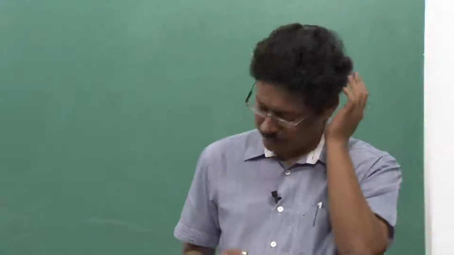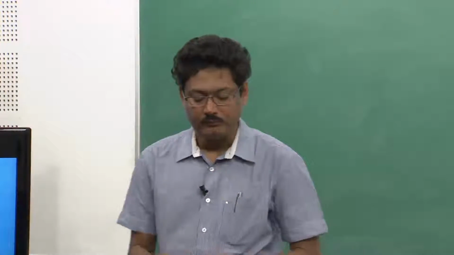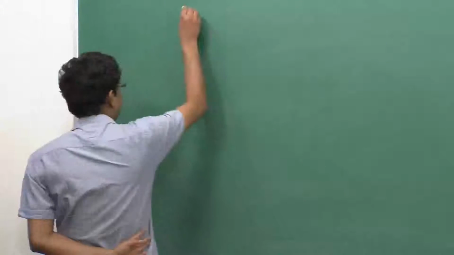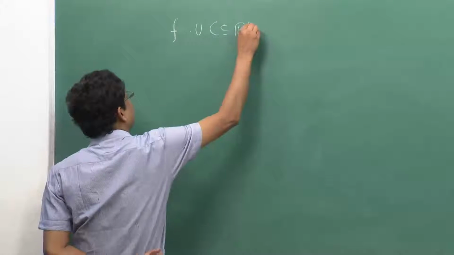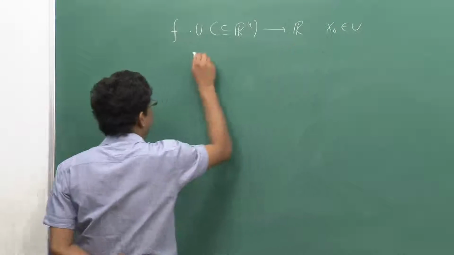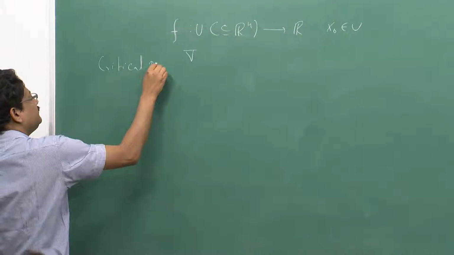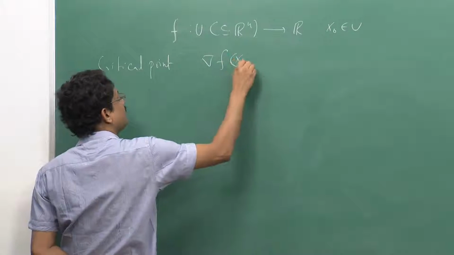Okay, in the last lecture we derived the second derivative test in terms of this Q(h), that is the second term in the Taylor series expansion. So, what we have done is this: for f on an open set U in R^n and x naught in U, I have a critical point, that is grad f of x naught is 0.